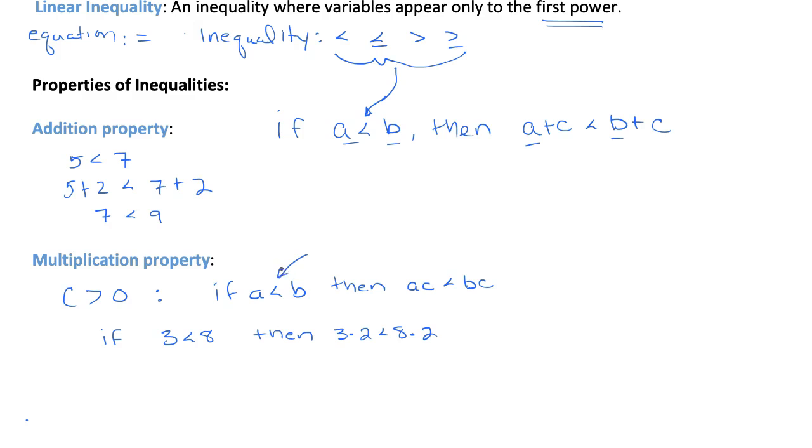I'm just using less than as an example, but this can be any less than, greater than, less than or equal to, greater than or equal to. All of those things are true in both of these situations.